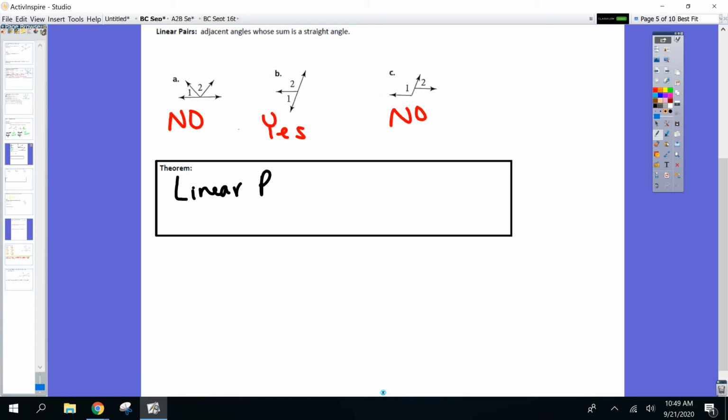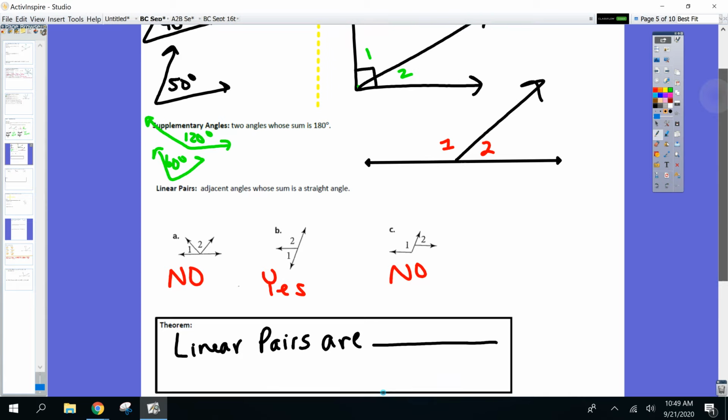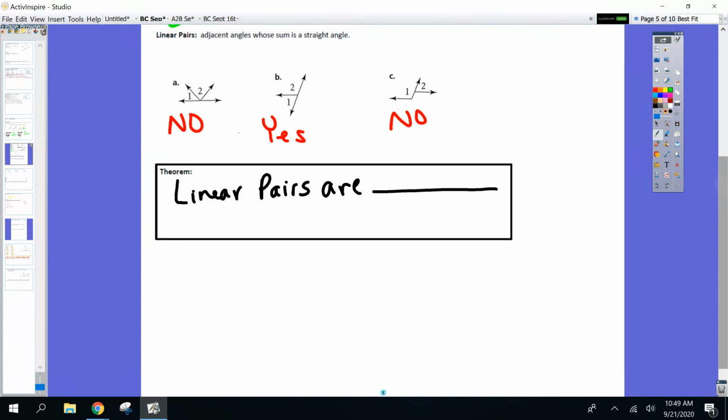Linear pairs are blank. I don't want adjacent because that's part of the definition. If you know two angles form a linear pair, like in part B and my example up here, 1 and 2, what do you know about them?